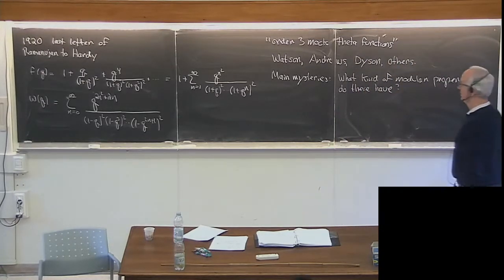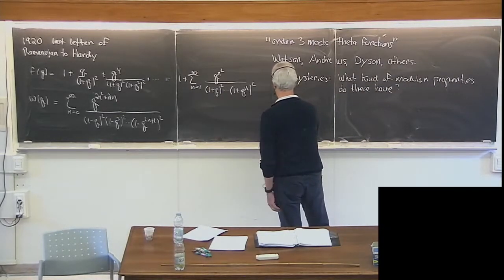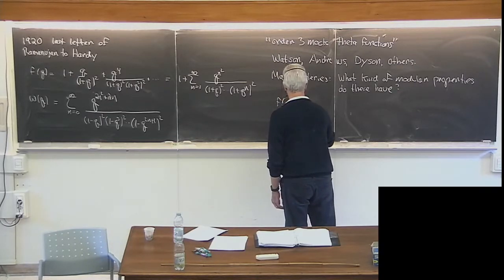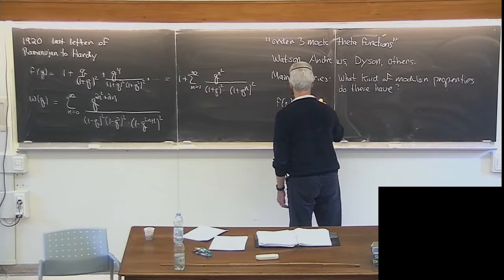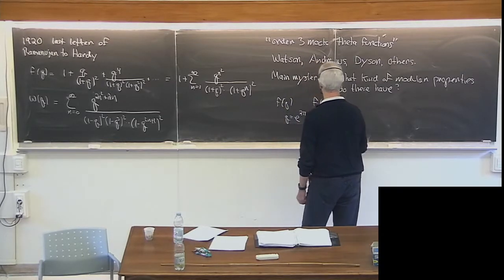In particular, if we looked at that f of q, and we think of q as being e to the 2 pi i tau, so you could think of it as f of tau, then what's f of minus 1 over tau?